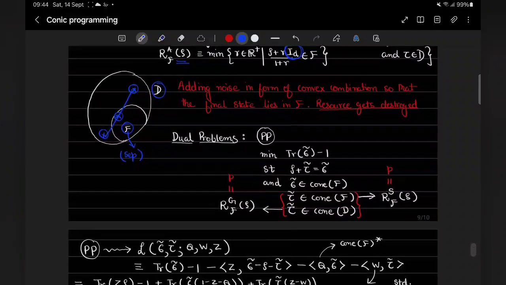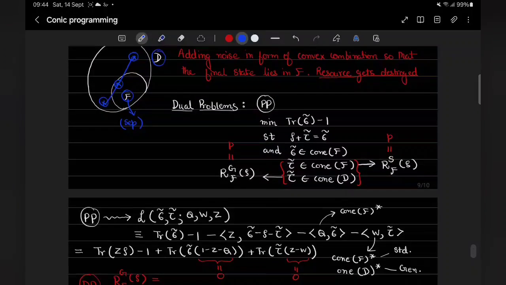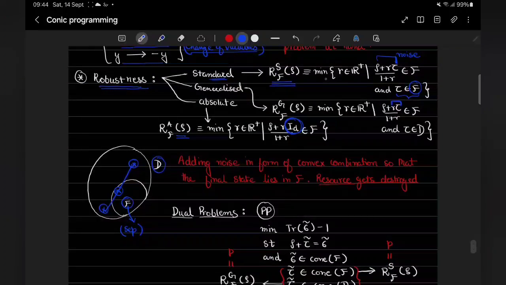Now we will talk about the dual problems of robustness. In this case, the idea is we will frame the primal problem in a better way. The primal problem is actually this problem, minimizing over R such that this thing lies in the set of free states. So this is the convex combination that I showed in the diagram.